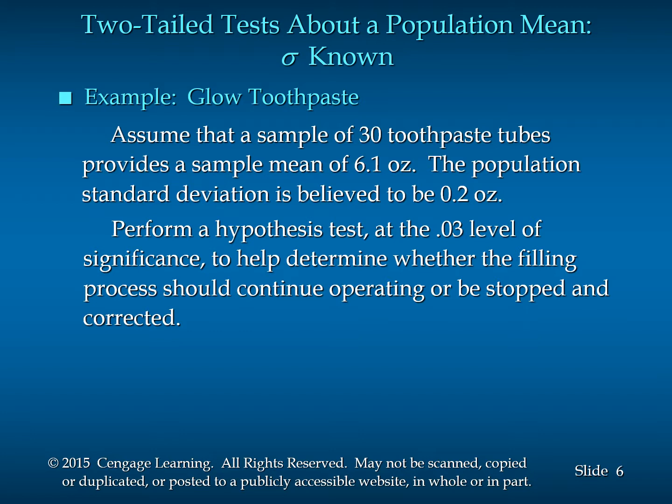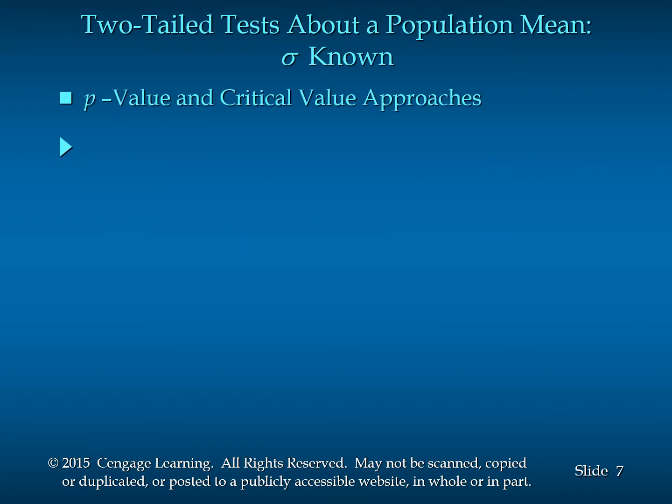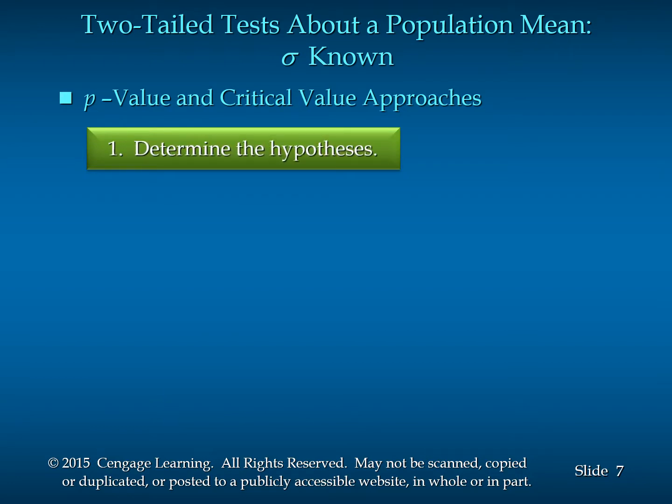We'll do this test at the 0.03 level of significance, or a 97% confidence coefficient. As the assumption is that the population mean is equal to 6, that defines our null hypothesis. Mu equals 6, and our alternative is the population mean does not equal 6.